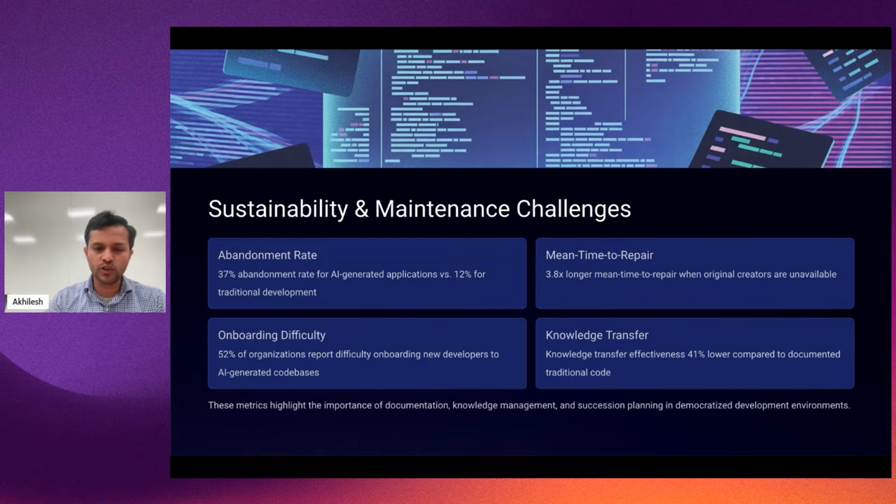And also have knowledge management systems in terms of where to look, what to look, and all that. And succession planning, right, from day one. If somebody is leaving, what is the plan, how do you want to go about doing that? The way to look at it is any AI generated code has to be treated just like any other technical asset, right? And the takeaway from this is the code might be free, since the AI is writing the code for you, but the maintenance isn't, so you have to take care of that.